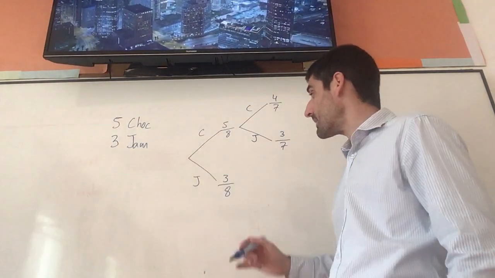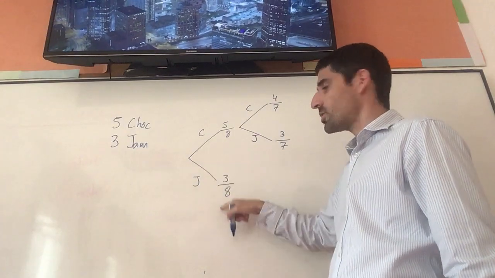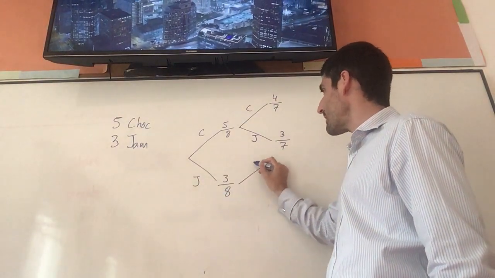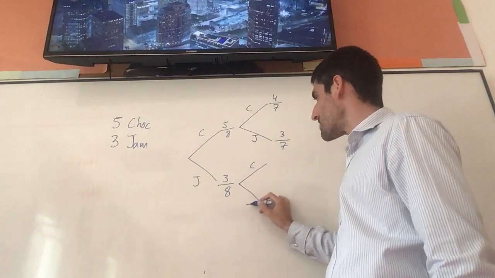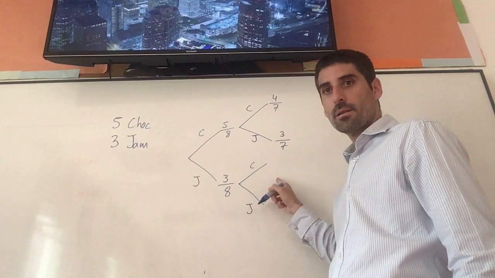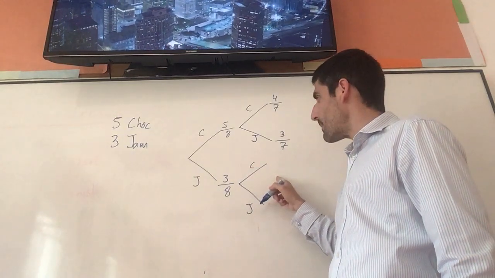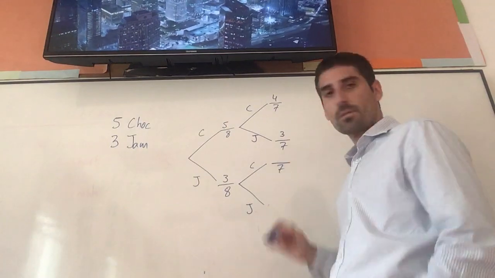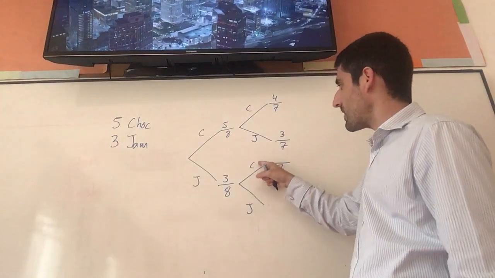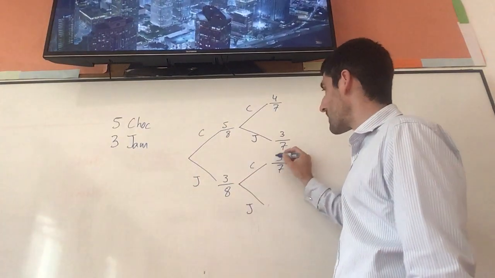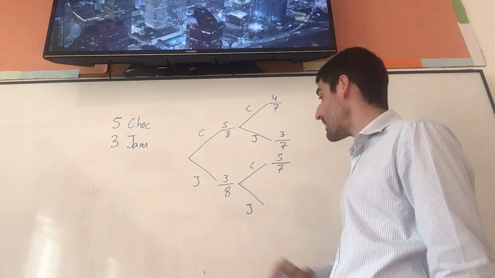Conversely, or alternatively, if the first donut that I picked was jam, the second one can either be chocolate or jam. What's the probability of the second donut being chocolate if the first one was jam? Well, it's going to be out of 7, because I've already eaten one. How many chocolate donuts are there left? Well, it's still the 5 chocolate ones, because the first one I picked was jam.